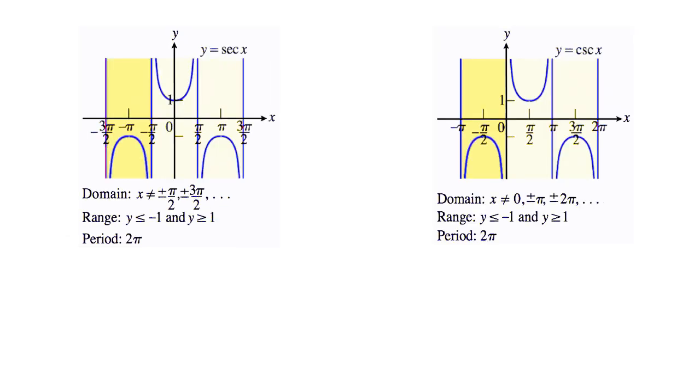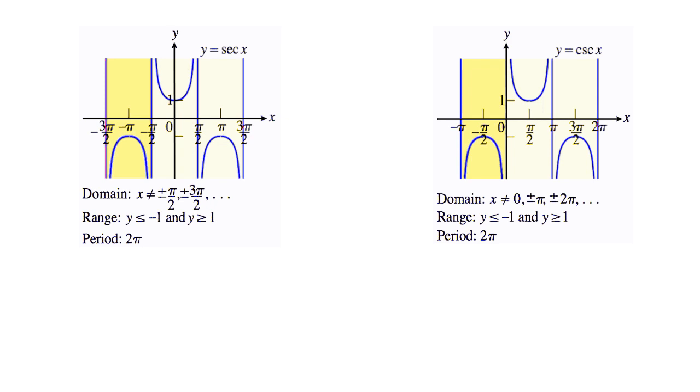Here we have the secant and cosecant functions. On the left, y equals secant x. The domain is the set of all x such that x cannot be any odd multiple of pi over 2. The range value must either be less than or equal to negative 1 or greater than or equal to positive 1. Period's 2 pi.